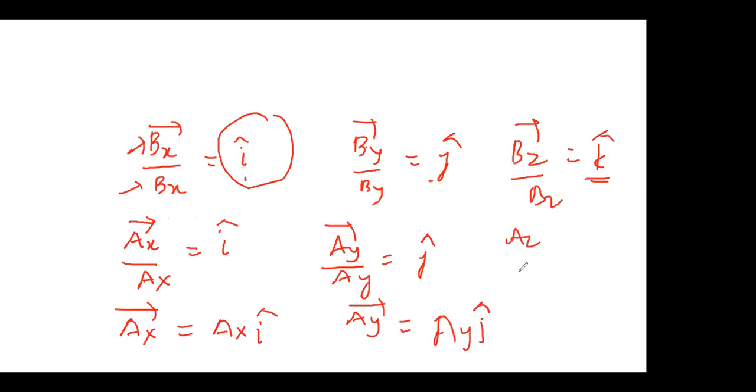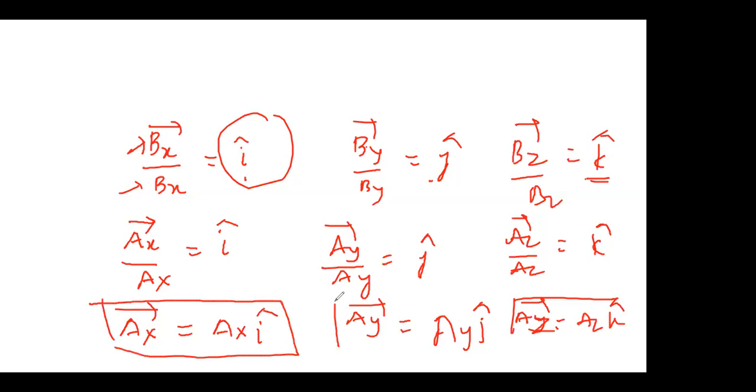A z bar upon A z is k cap, so A z bar is A z into k cap. If I look carefully, all these three vectors I have split into magnitude and direction. A x means magnitude, i cap means direction of x with value 1. So when you multiply, you will get A x bar.